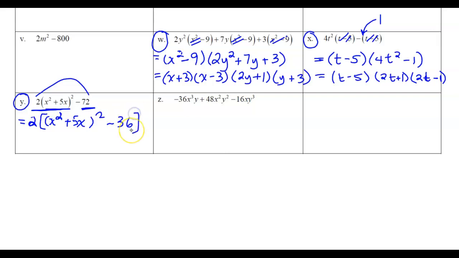Okay. So I factored out a 2 from both terms. Now within that square bracket, it's a difference of perfect squares. Anytime there's something squared, you know it's a perfect square, and 36 is as well.